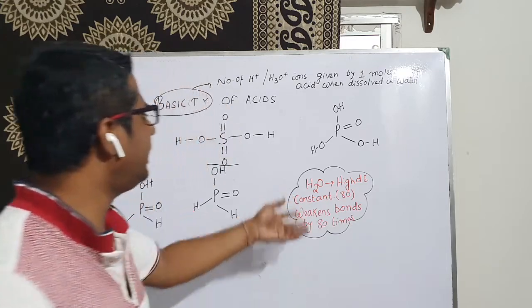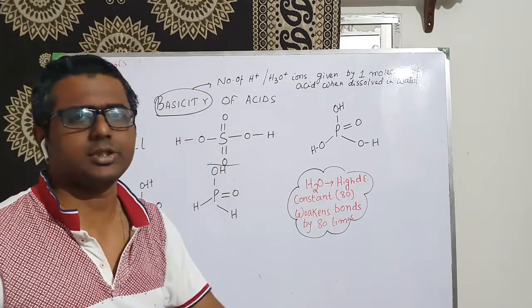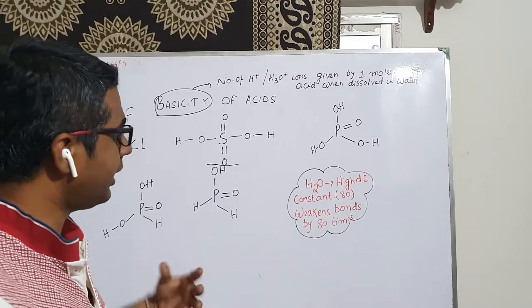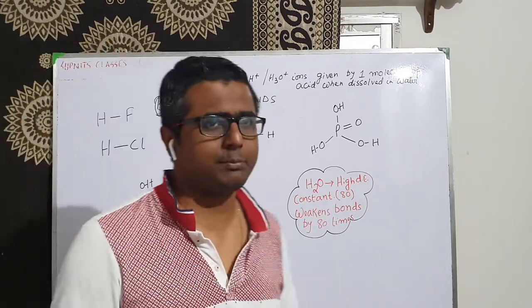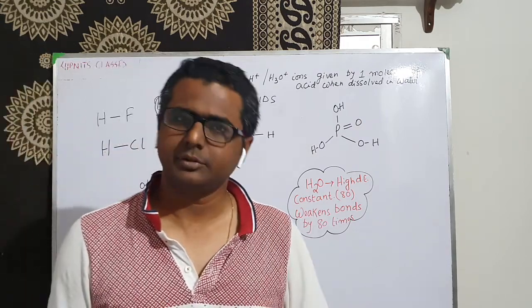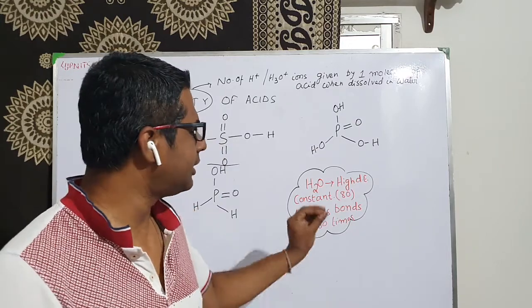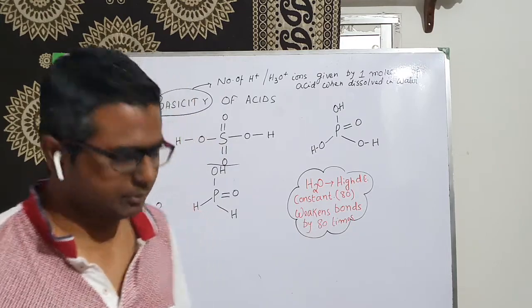Similarly, it does the same for all the molecules that are dissolved in it. Why it does so is another part that we can discuss in another video. At this moment, for understanding this, we need to know that water is going to weaken the bonds.